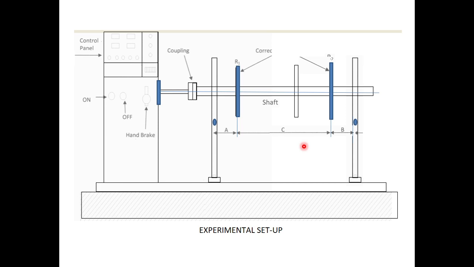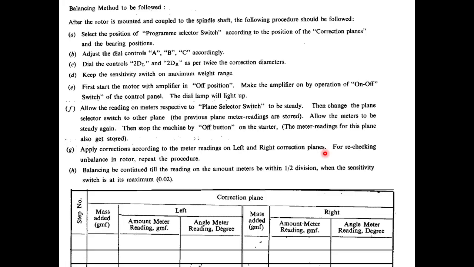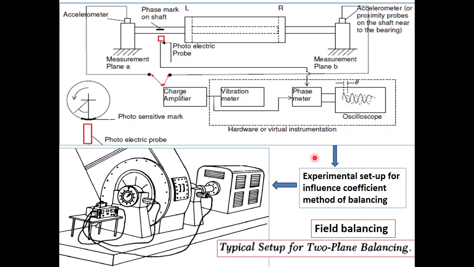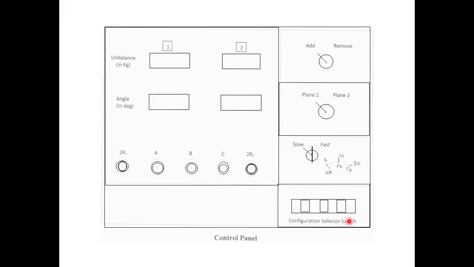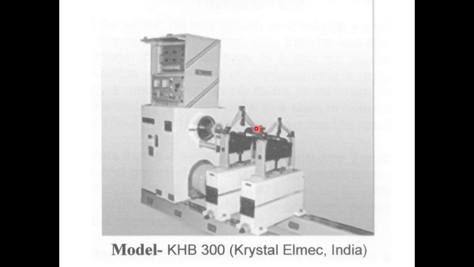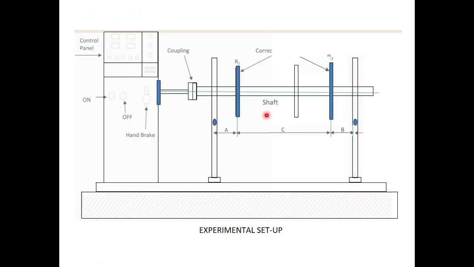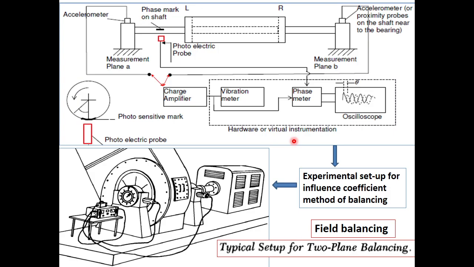So if we do it on site, this is called field balancing. Field balancing is one step ahead of a dynamic balancing machine. What this machine is doing is implementing the same procedure that an engineer will carry out for field balancing. The whole thing is integrated in the machine itself.